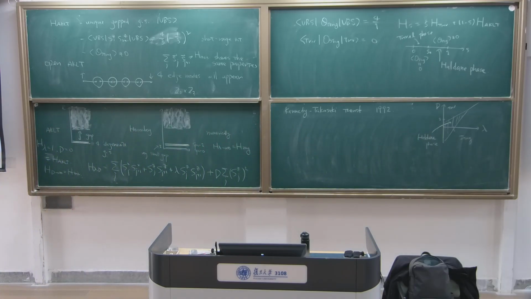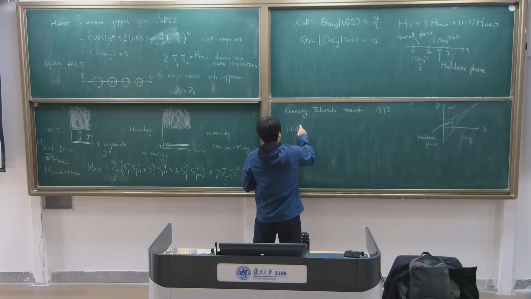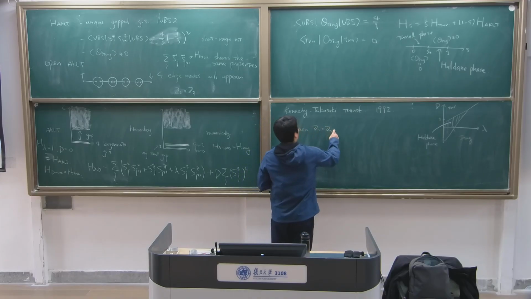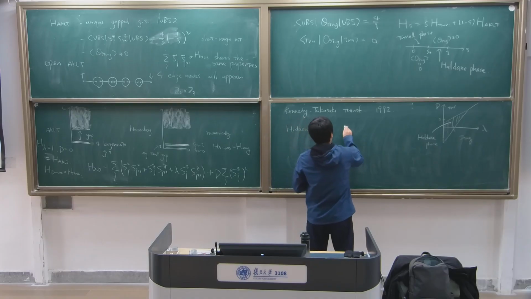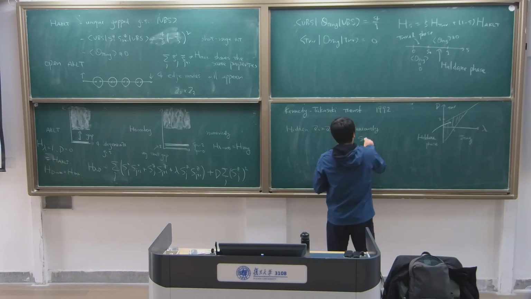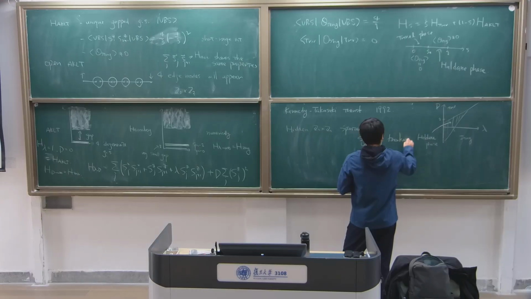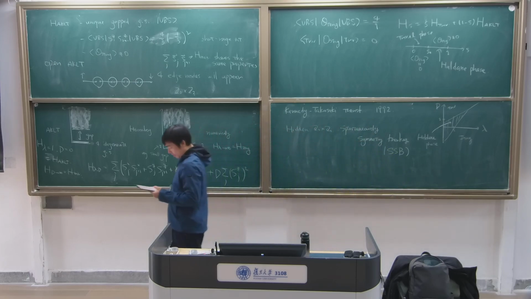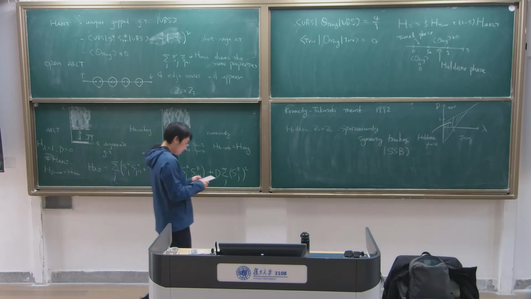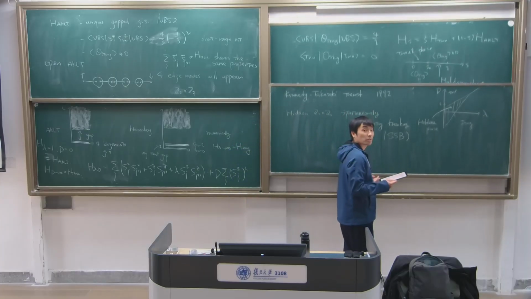And then this hidden Z2 cross Z2 symmetry breaking, spontaneous symmetry breaking, which people often write as SSB in the physics community, can be seen by using the so-called Kennedy-Tasaki transformation, which is a very non-local operation you can introduce.